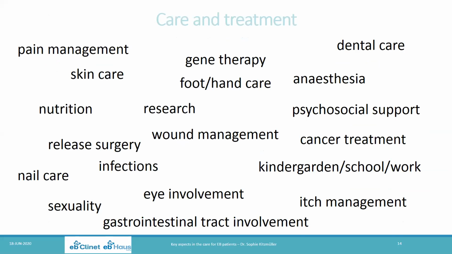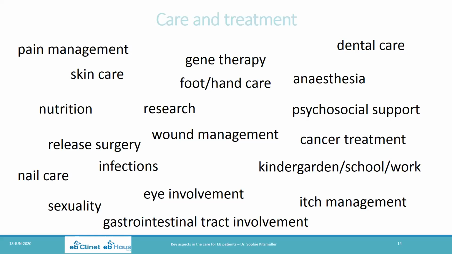So this is the slide that only has some of the issues that EB patients face in their daily routine. A lot of this, again, is mainly important for severe forms. For example, dental care in very mild forms is basically no problem.